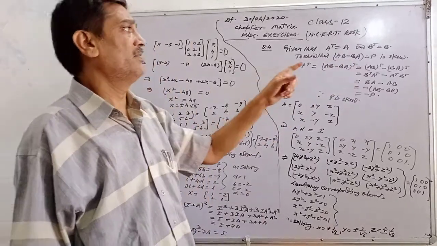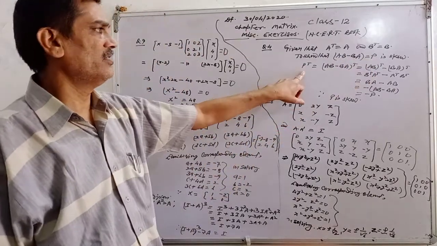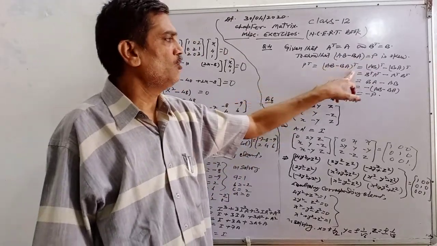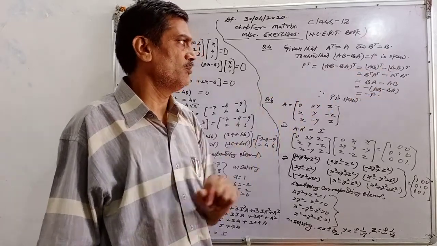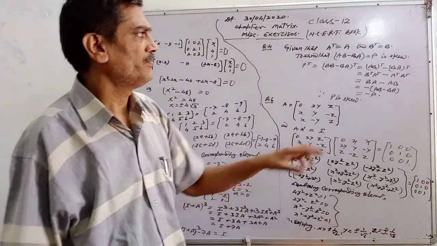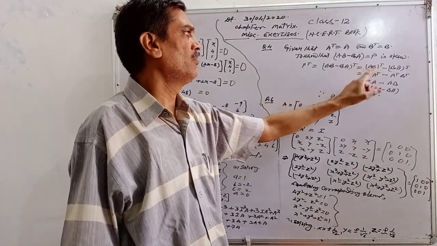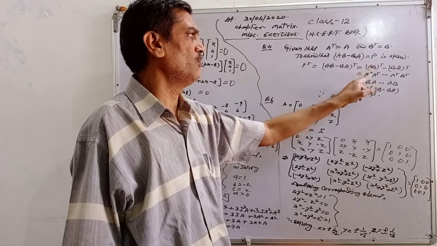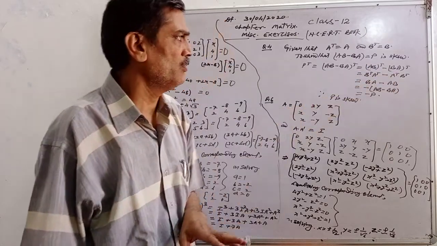So for this, suppose AB minus BA you can write as P. Find its transpose. You can distribute the transpose: transpose of AB minus transpose of BA. And the transpose of the product of two matrices is obtained by interchanging their places, so B transpose into A transpose minus A transpose into B transpose.